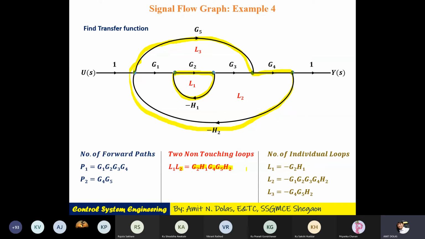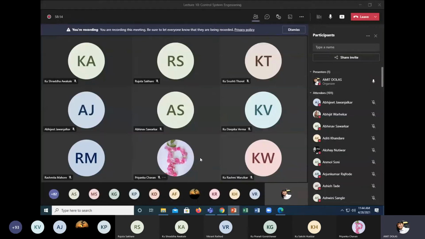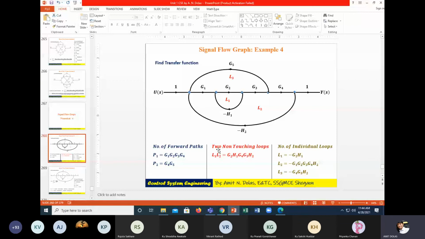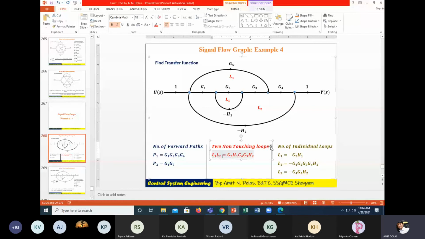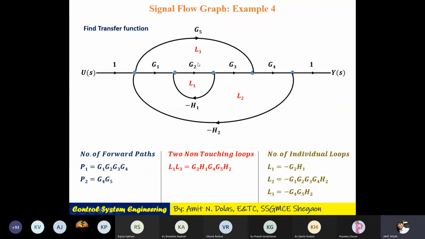So these two loops are not touching. I made a small mistake that instead of writing L1, L3, I wrote L1, L2 here. I'll change it first. Okay. So L1 and L3 are not touching together. So we have done with all the possible forward paths, individual loops, and two non-touching loops here.